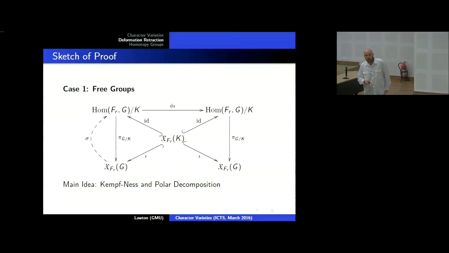Well, you first trade the GIT quotient, or the polystable quotient, for a quotient by K, the maximal compact, and then you show that this naturally embeds into this here, and that basically is not too hard.